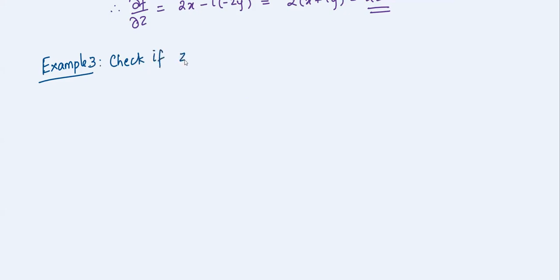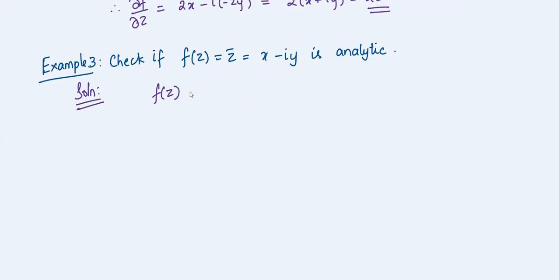Check if f of z is equal to z bar, that is x minus iy, is analytic. So we have to check the Cauchy-Riemann equations. So f of z is x minus iy. So this is u and this is v.